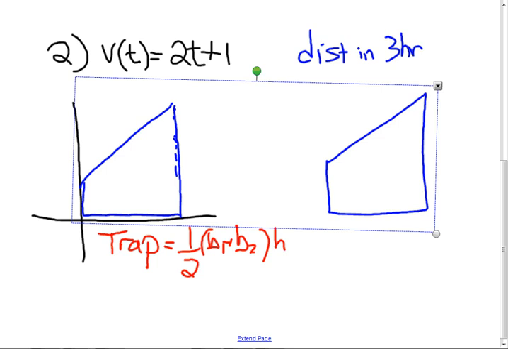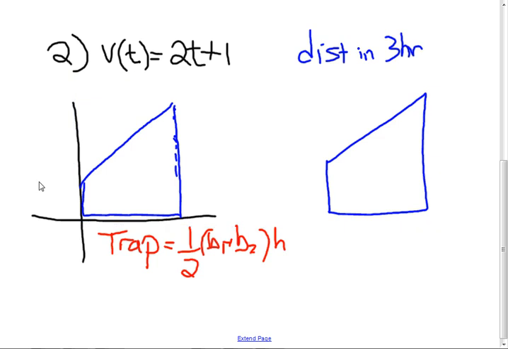So you can find this. What are the bases? The bases are the two sides that are parallel. So these are parallel. How tall is that base? That's 1. And how tall is the other base? We did 3 hours, so it would be 7. I'm assuming, I don't know what the number was. Maybe it was 4 hours. And then how big is the height? This is the height.